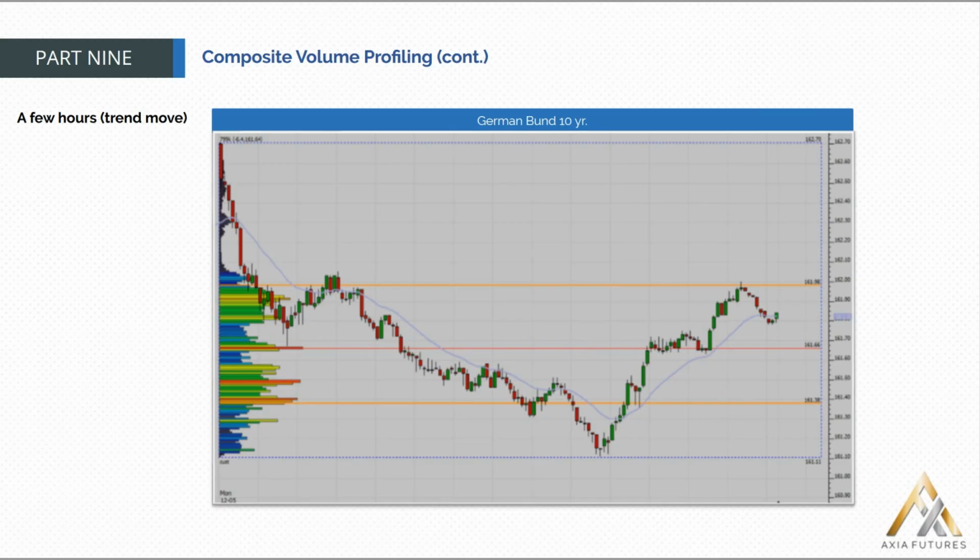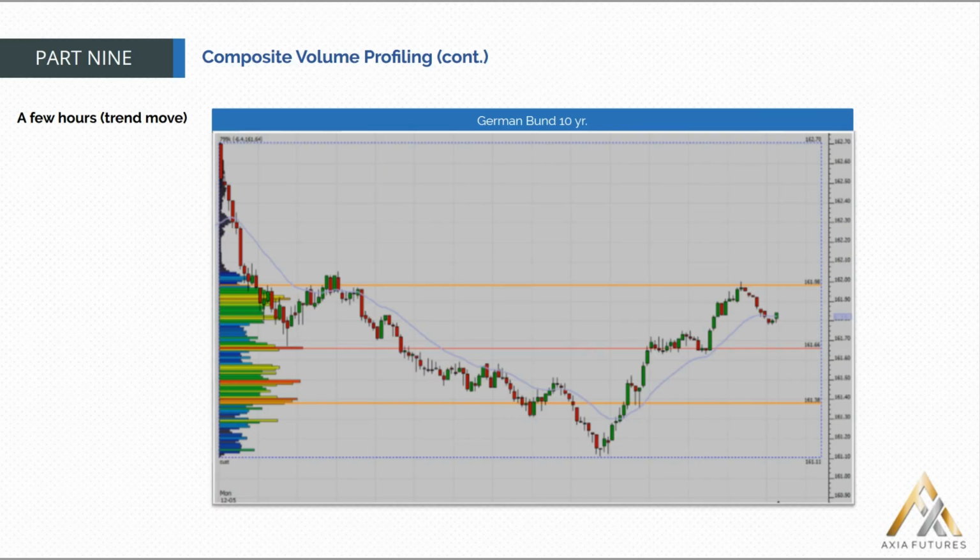And then more importantly, it helps me to remain in the trade until such a time that we find discount prices. And we can see once we've found those discount prices, the market very quickly auctions back up towards the top orange line.